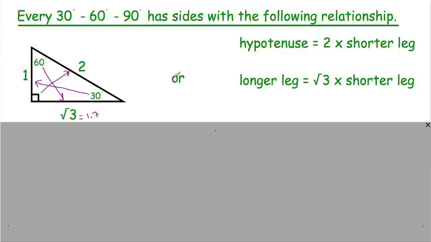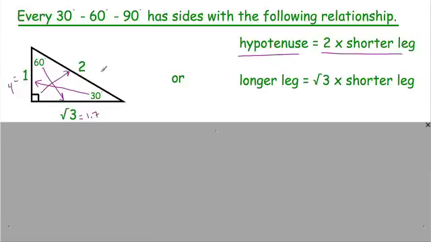All right? Now over here, the bad thing about the formulas on this is we only really have 2. We don't have one that has the hypotenuse and the long leg. So when you do these, if you want to do the formulas, you're always going to have to get it back to the shorter leg. So the hypotenuse is just twice the shorter leg. So if I know my shorter leg is 4, I know my hypotenuse is 8.